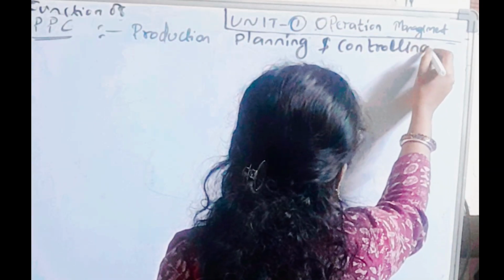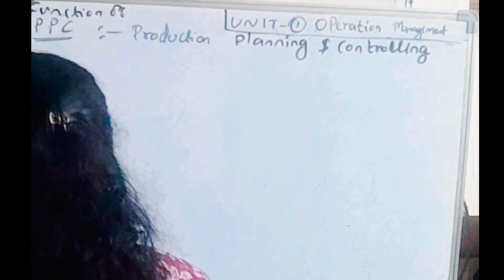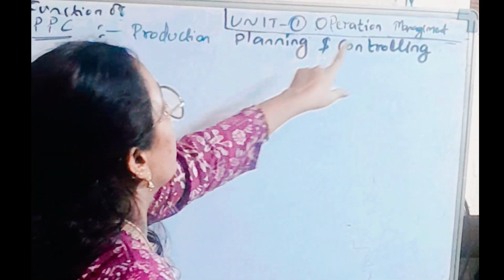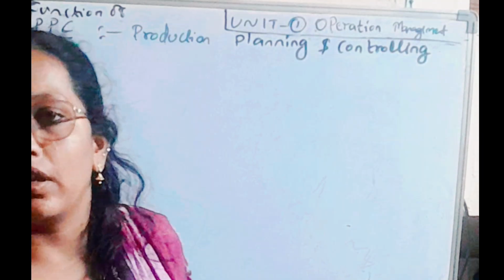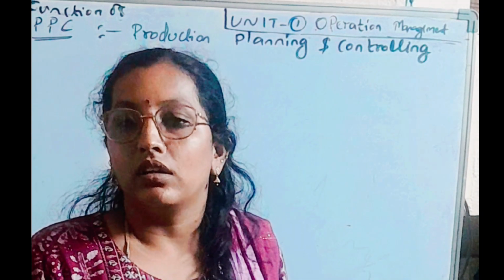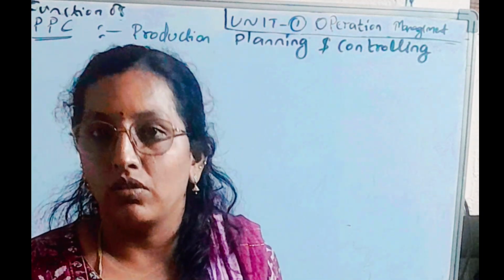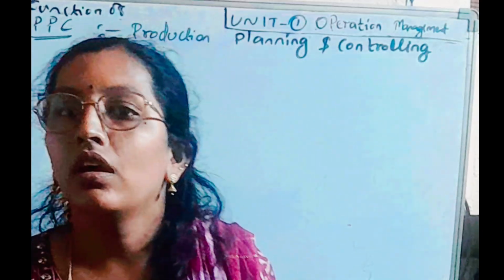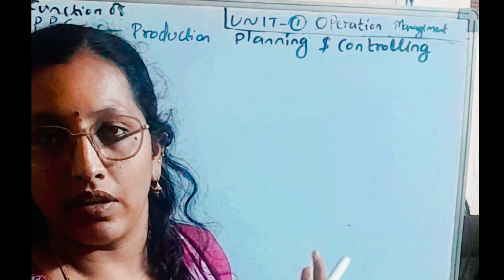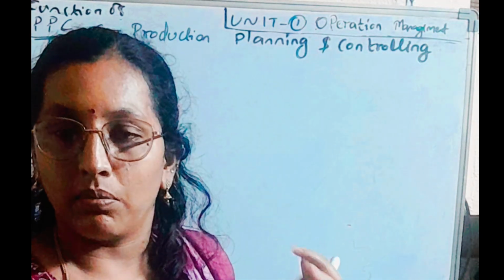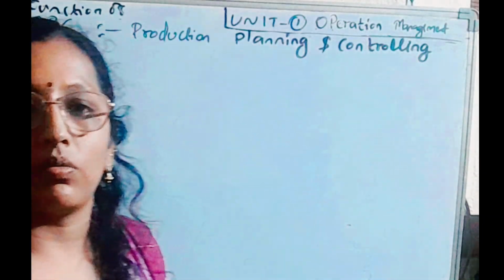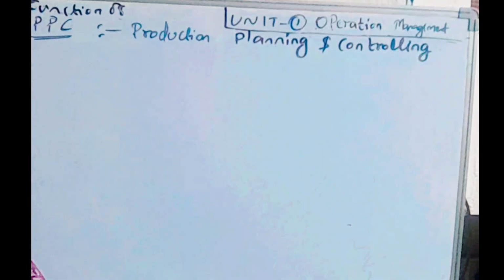These are the factors where they plan production and control production, directing the production department and taking care of production control. All these things are involved in a business unit. So in this class we are going to discuss the PPC, that is production planning and controlling, production planning separately and production controlling separately. What are the various roles and responsibilities they are going to perform? Let's discuss briefly.